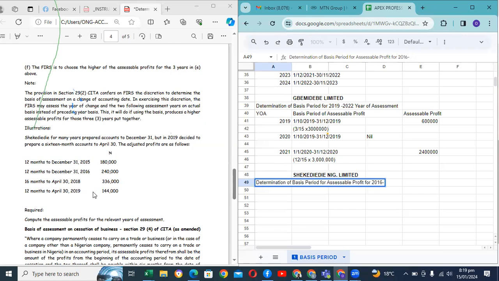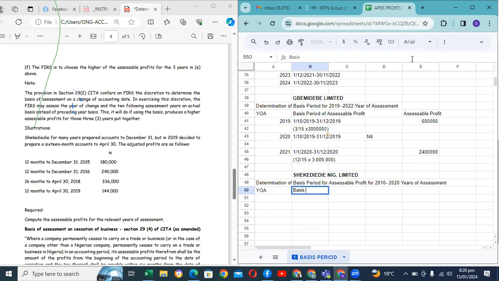They provided their financial statement to 2019, so I will file that a year after, 2020 year of assessment. So I have YOA, basis period, for assessable profit.